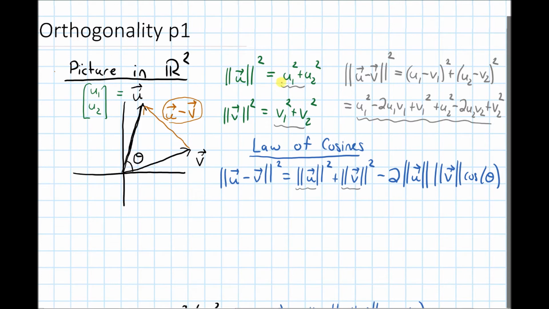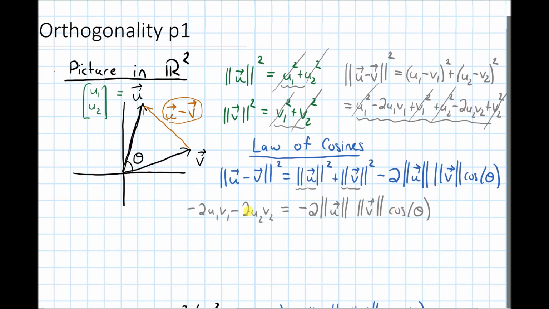The u1 squared cancels with this u1 squared, the u2 squared with that u2 squared, the v1 squared with that v1 squared, and the v2 squared with that v2 squared, because they're on opposite sides of the equation. That leaves us with negative 2u1 v1 minus 2u2 v2 on the left, and on the right, negative 2 times the length of u times the length of v times cosine of theta.